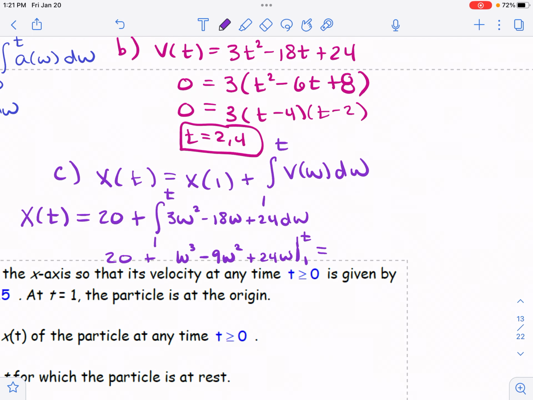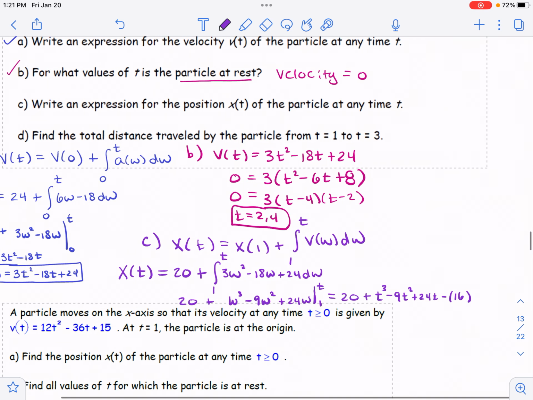So this gives me 20 plus, notice plugging the upper limit of integration just turns the w's to t's, so it's t cubed minus 9t squared plus 24t. And then I get a minus what I get when I plug in the lower limit of integration, which is 1. 1 cubed minus 9 times 1 squared is negative 8, plus 24 is 16, so I get a minus 16.